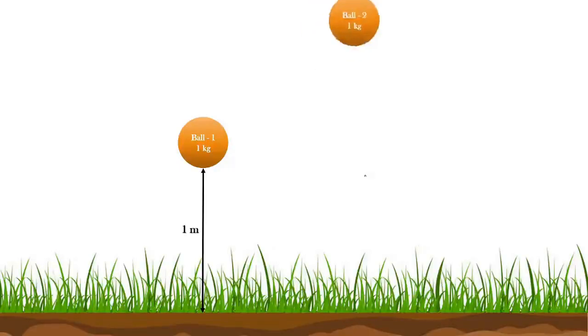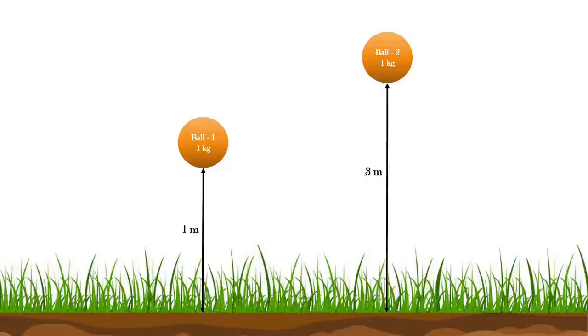Consider there is one more ball which has the same mass, that is 1 kg, located at a height equal to 3 meter from the ground. Now let us calculate the potential energy, equal to mgh.